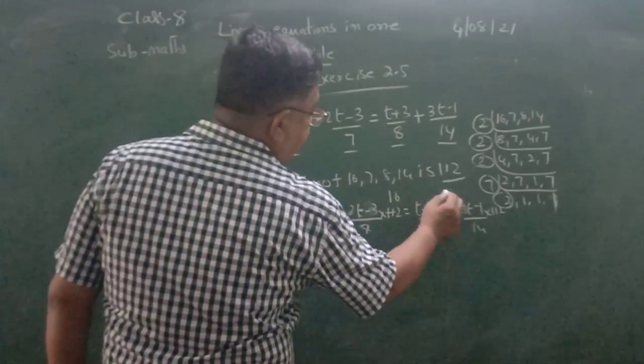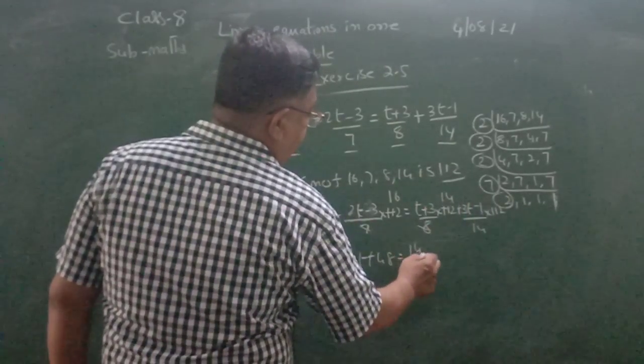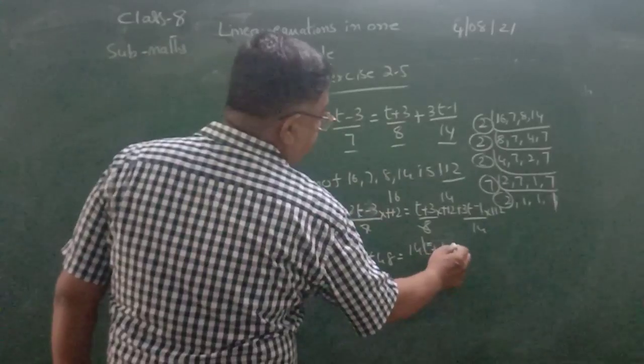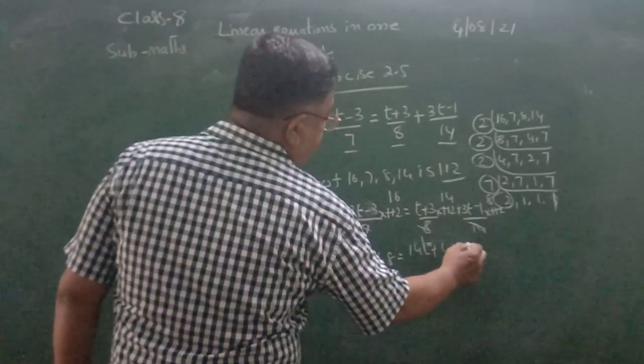Equal to 8 14s are 112, 14 into t is 14t, 14 into 3 is 42, 14 8s are 112, 8 3s are 24.